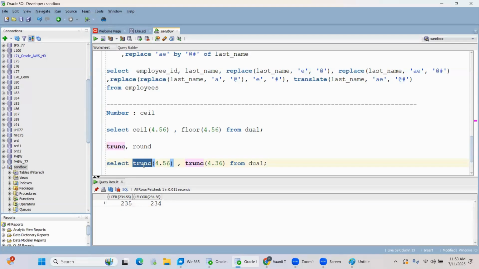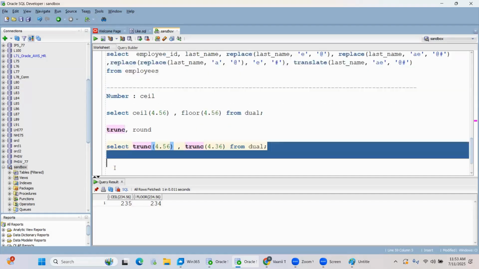A single row function will not delete or modify any data in the table. It will just show you the result like that. I guess you are getting confused with truncate. I will come to that truncate next week.